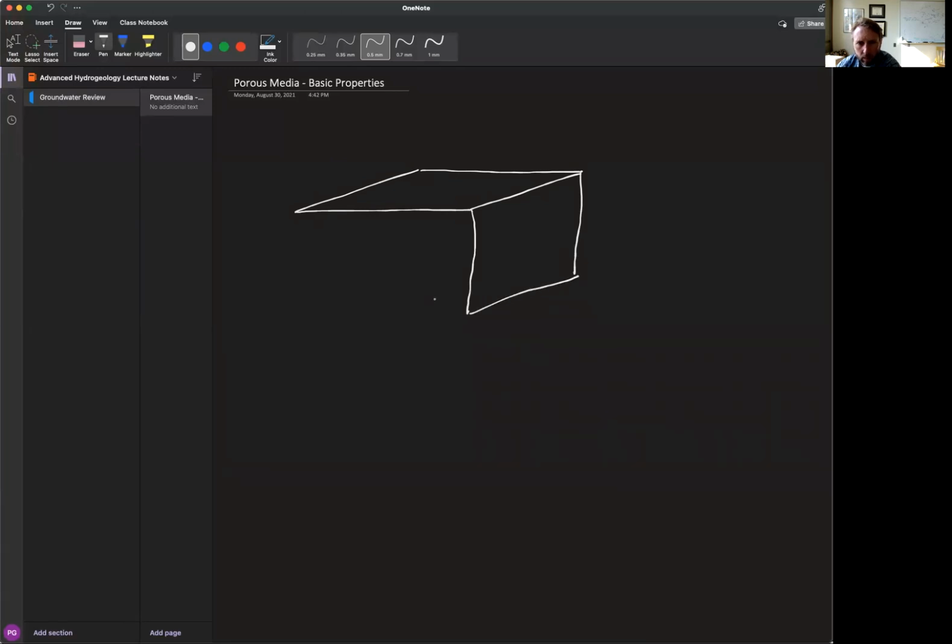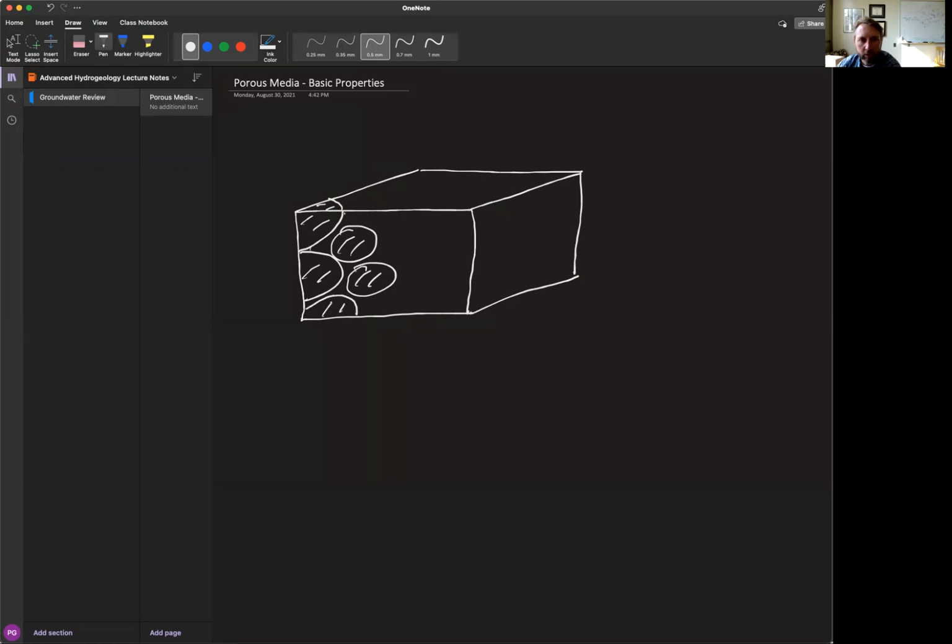And this cube has a special size that we'll talk about here in a little bit. So the cube is of porous media, so it's made up of grains of solid rock that I'm drawing here.